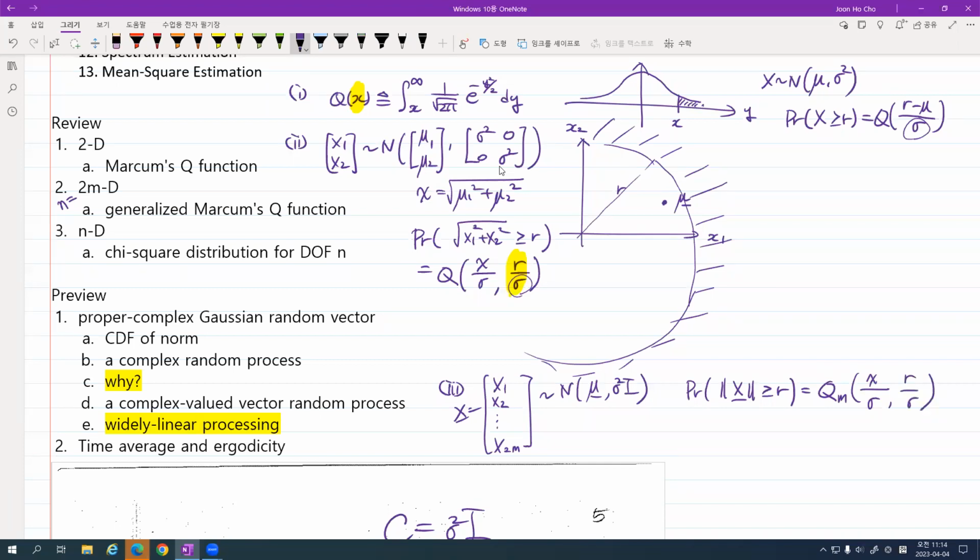Ready? Here, a 2 norm vector is usually denoted by just ordinary norm if there is no confusion, and it's defined as x1 square plus dot dot dot up to xn squared. Ready? So you can see that the definition of Q function and the Marcum Q function and generalized Marcum Q function share the same idea.